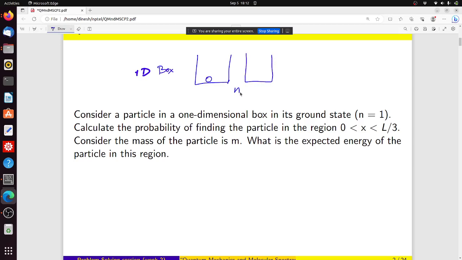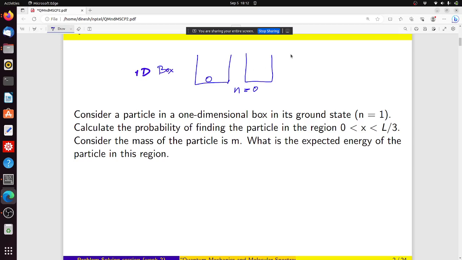And n is 1. So you know, particles in quantum mechanics behave like both particles and waves. So they have a wave function also. Means they behave like waves, so they are associated with some wave function. So what are the possibilities of the wave function inside this one dimensional box?